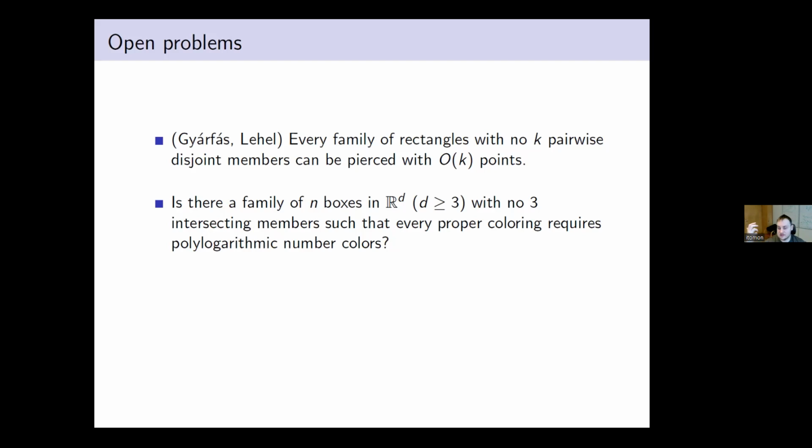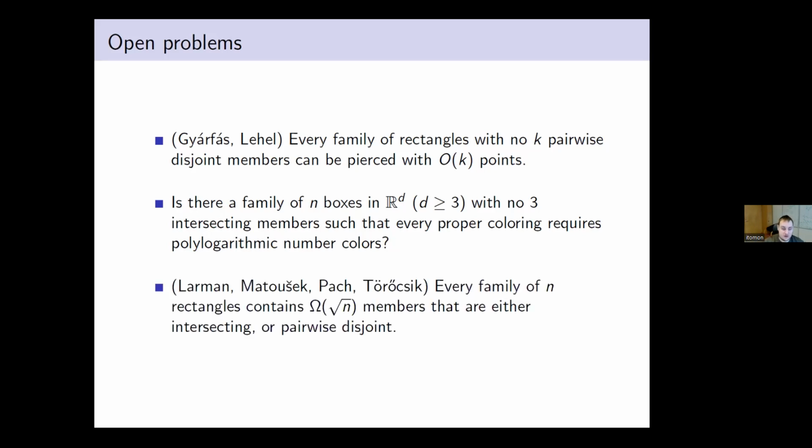But the following still remains: can you find a family of n boxes in R^d such that you don't have 3 pairwise intersecting members, but still every proper coloring requires a polylogarithmic number of colors? Currently the best known bound is this Burling graph, which gives log n. So even just improving the log to anything would be very interesting. And not only in dimension 3, but maybe dimension 4 is a bit simpler.